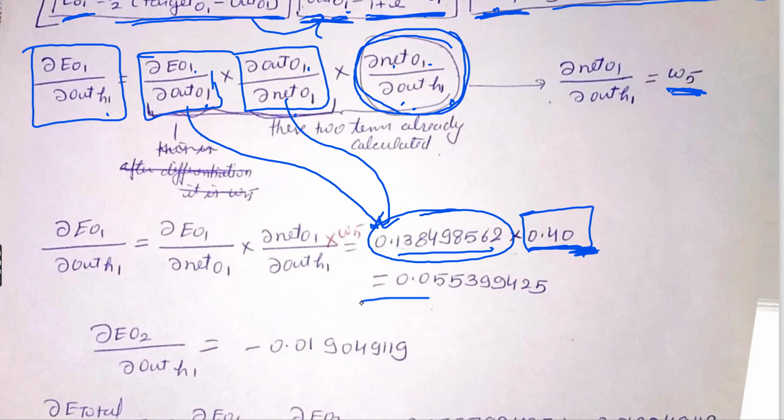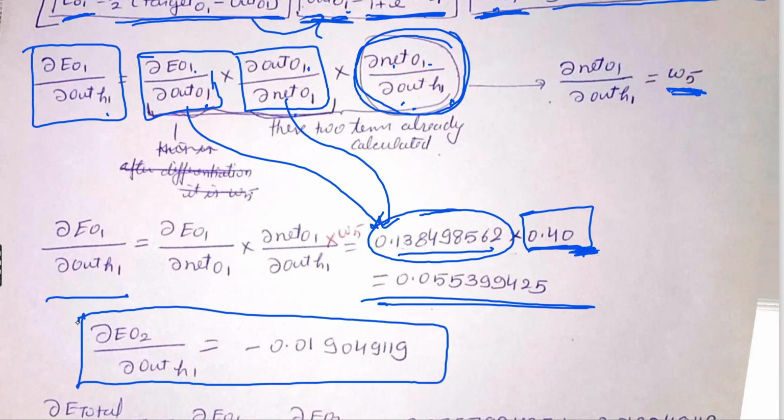So in this way we will calculate this, and the same process will be applied to the partial differentiation of O2 with respect to output H1, and we will get this value. You can try yourself.